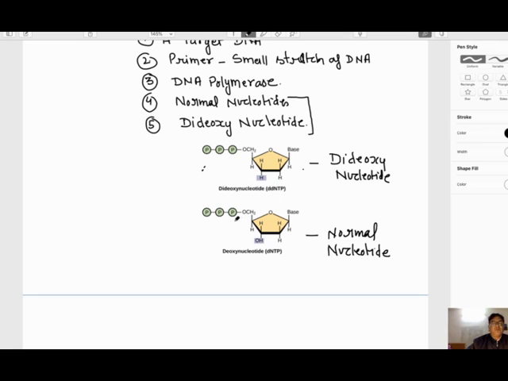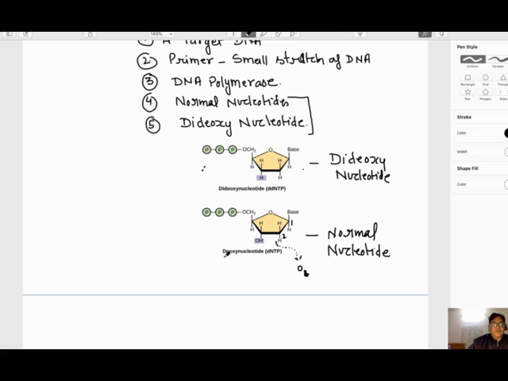Now, what is the difference between these two? In this normal nucleotide, this is carbon number 1, this is carbon number 2. So on carbon number 2, oxygen is removed here. OH has to be there, so O is removed here.